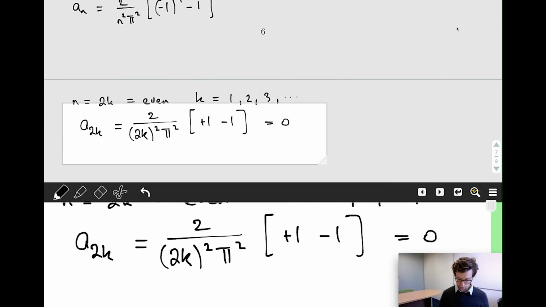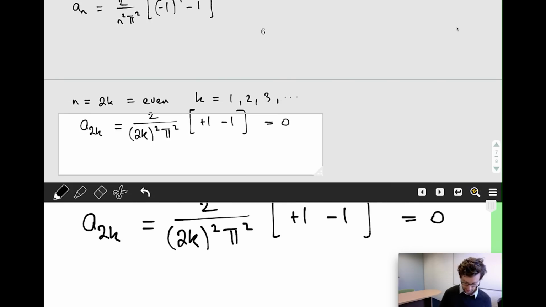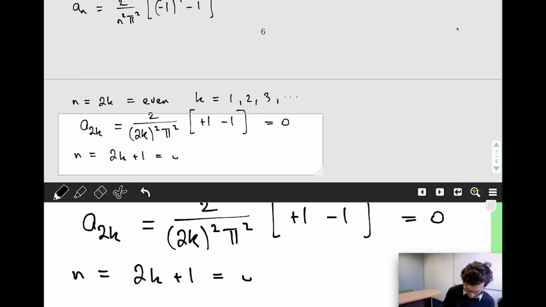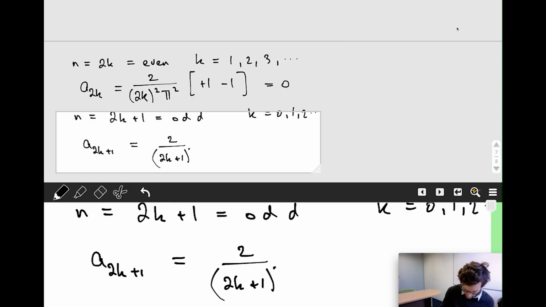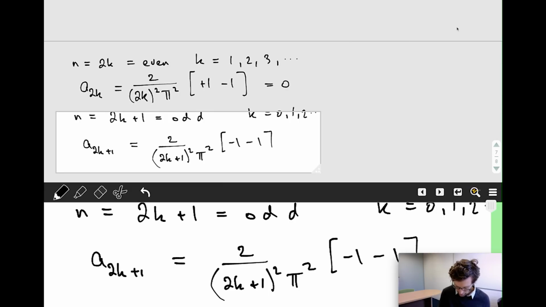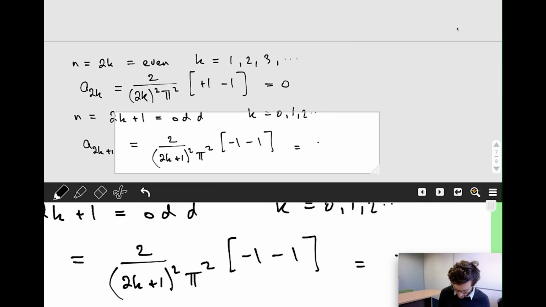So a2, a4, a6, a8 are all equals to 0. That leaves me with the odds. So k is equal to 0, 1, 2, and so on. So a 2k plus 1 is going to be equals to 2 over 2k plus 1 squared, pi squared, times minus 1 to an odd number, minus 1. So that'll give me minus 4 over 2k plus 1 squared, pi squared.